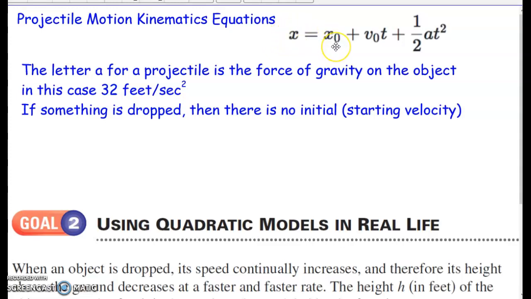The x naught would represent the distance that you were when you started. V naught would be the velocity that you started at. So that's what the naught, or the zero, means. 1/2 a is acceleration, and as I said, acceleration is force of gravity on an object. Then t squared.